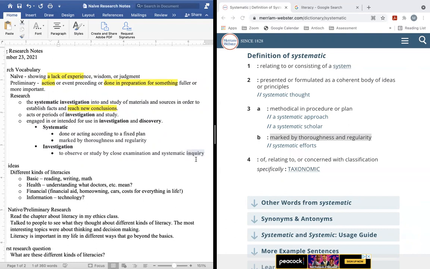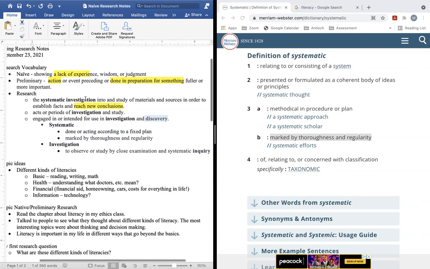So that's what I'm going to use when I'm thinking about doing research: a plan to inquire about something, hopefully so that I can come up with some new conclusion and/or some discoveries. So that helps me figure out what I'm doing.